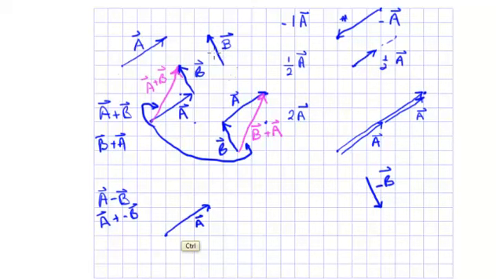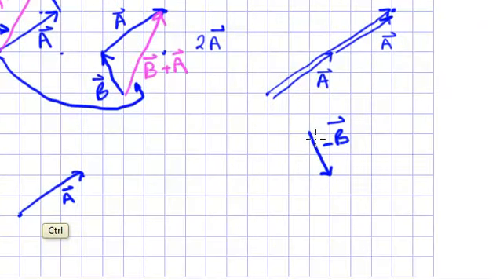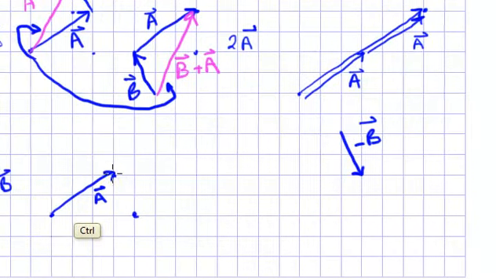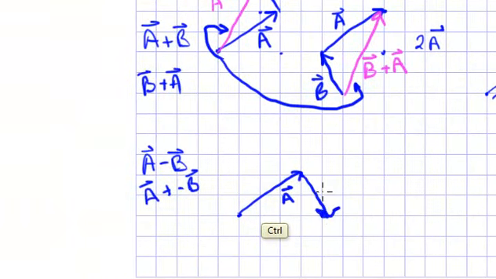Technical word, anti-parallel. Okay, so I'm going to add this vector to A, and so I'm just going to take this vector and put the start of this vector at the tip of this vector, which means I go down 2 and over 1. So there's my minus B. And here is A minus B. A minus B is not commutative.